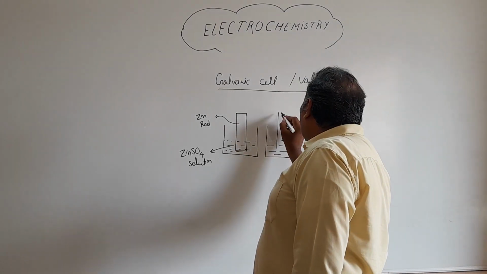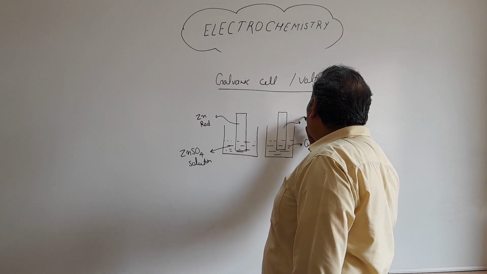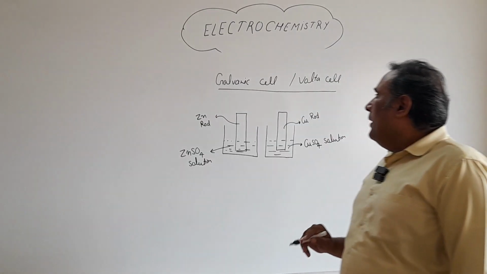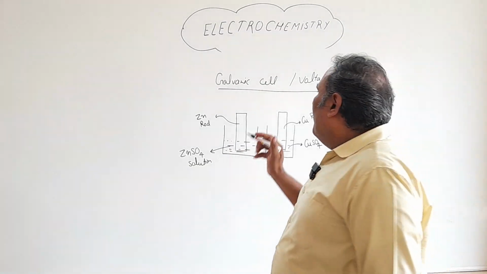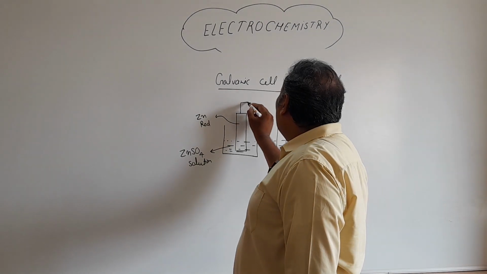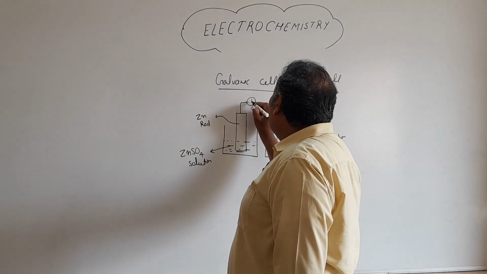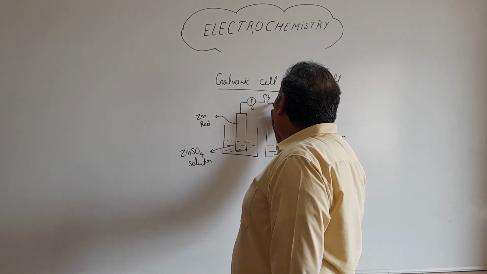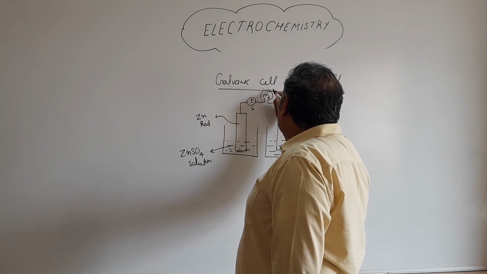So a copper rod is dipped in this copper sulfate solution. Now we have to connect both plates or both rods with the help of a wire, and in this wire there is a galvanometer present and a bulb we connect to check or visualize the electricity.